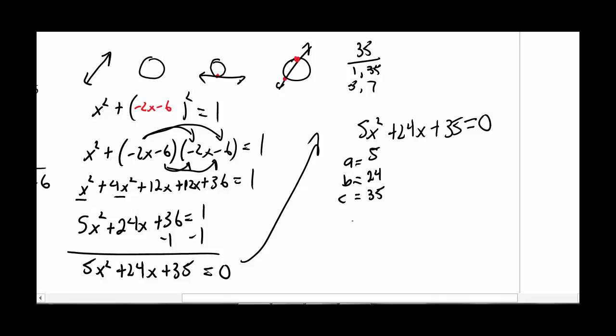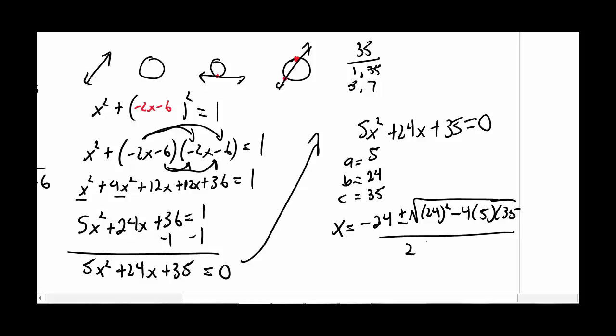And then, in which case, I get x equals negative b plus or minus the square root of b squared minus 4 times a times c, all over 2a.